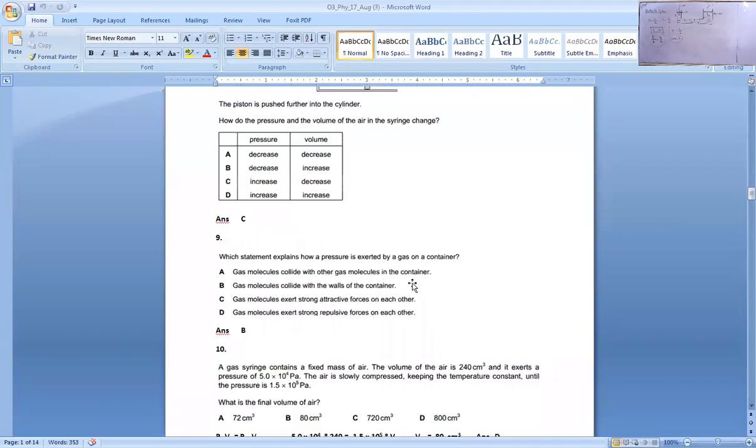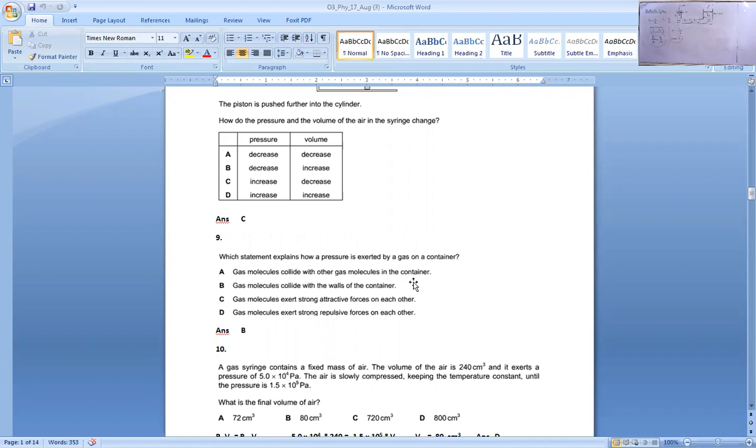Which statement explains how the pressure is exerted by a gas in a container? So in a container, you know pressure, how the gases exert pressure on the container. Why? The molecules collide with the walls of the container. Gas molecules in a container are in a random motion. Due to their motion, they collide with the walls of the container.